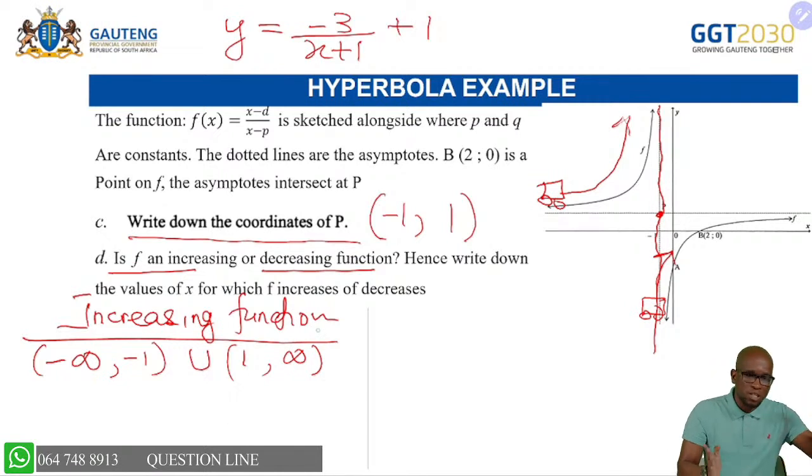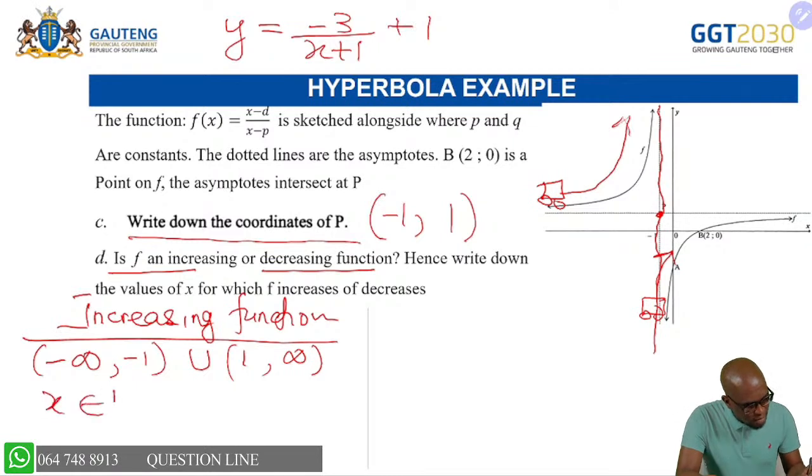That is if you look at the graph from left to right and you are using what we call the interval notation. Now you can also use another notation. x is an element of all real numbers. We accommodate all real numbers except minus 1.